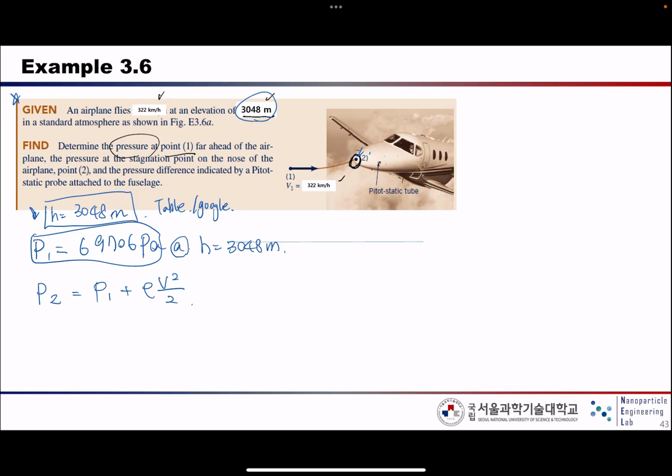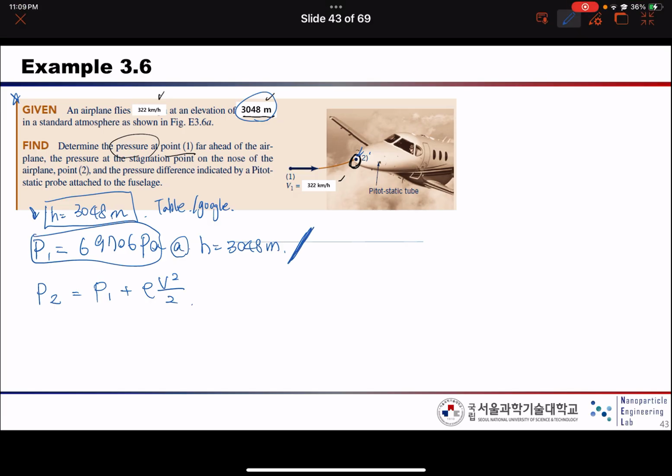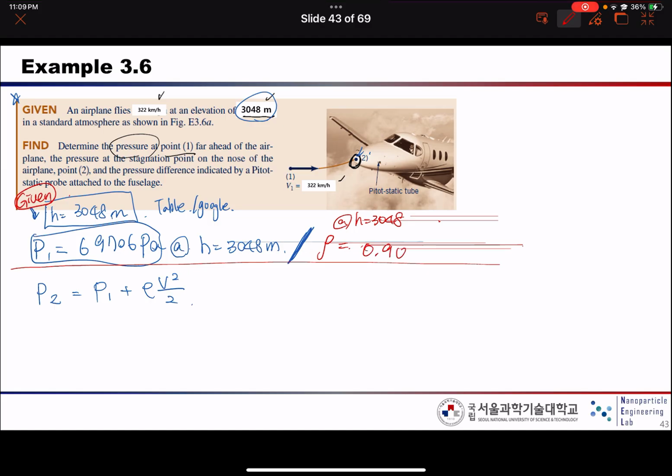I should also give another piece of information: the density rho at 3048 meters is 0.905 kilograms per cubic meter.